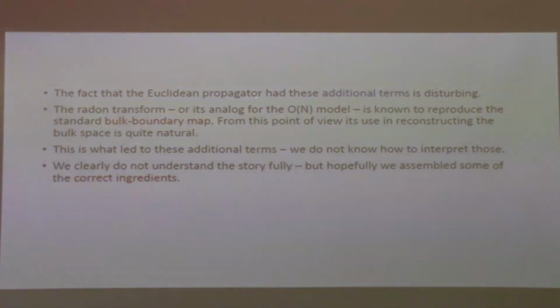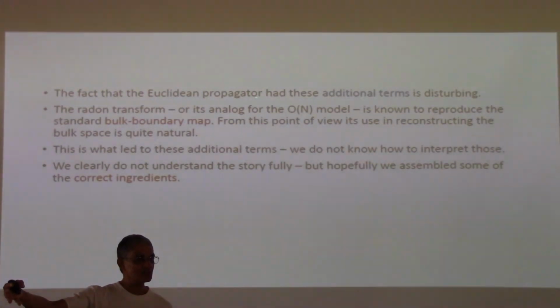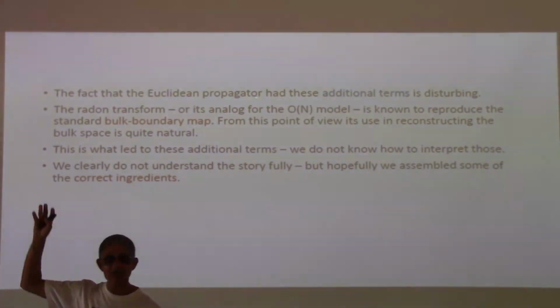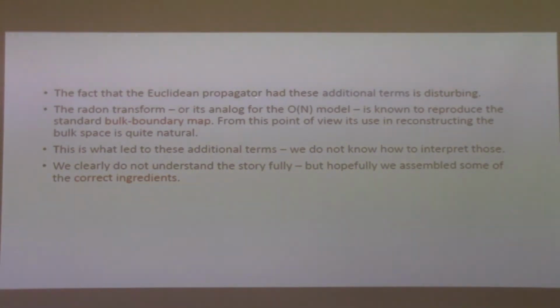The Radon transform, or its analog in the O(N) model, where it's in spirit exactly the same thing, is known to reproduce the standard bulk boundary map. Namely, you can have operators of the O(N) model, the currents, and you can reproduce the correlation functions of the currents by starting with the bilocal theory, and then performing that map, which identifies the correct coordinates.